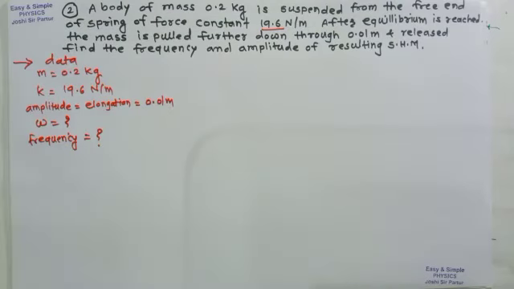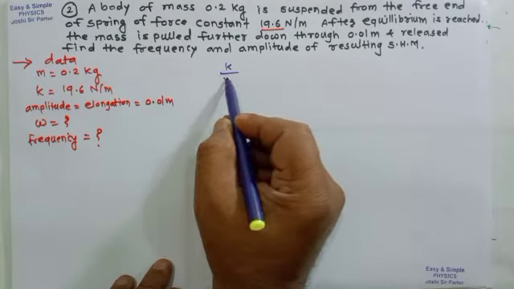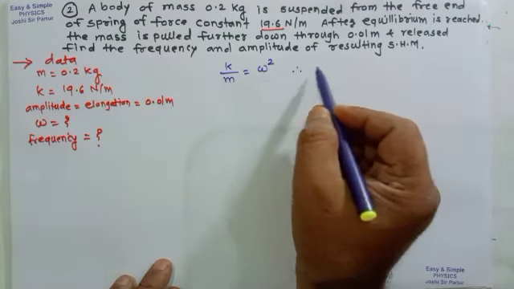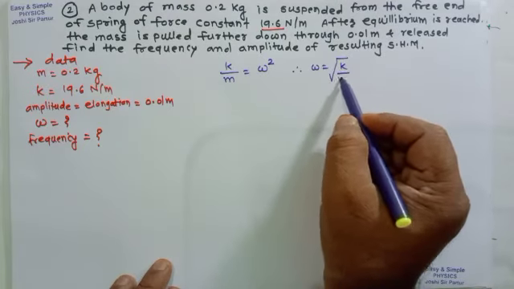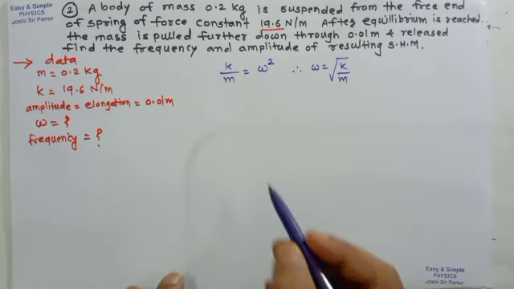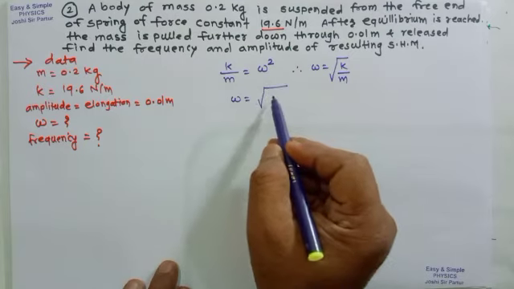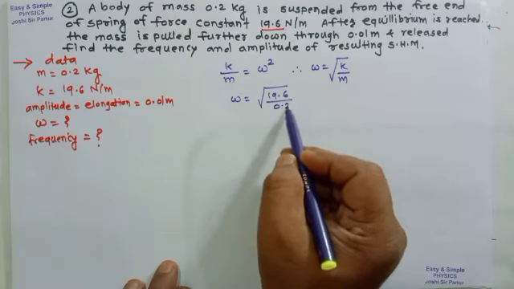So here, using a formula, we know that K upon m is equal to omega square. Therefore, omega is equal to square root of K upon m. If we use this formula, we can write omega is equal to square root of 19.6 divided by 0.2.